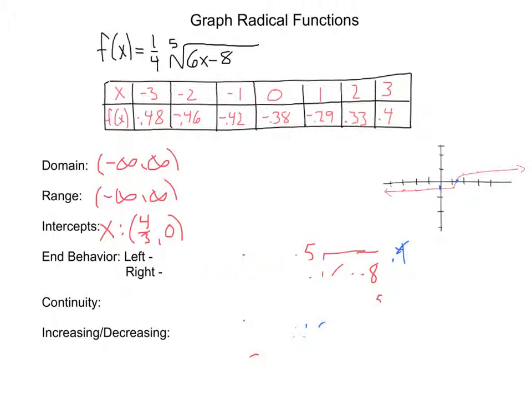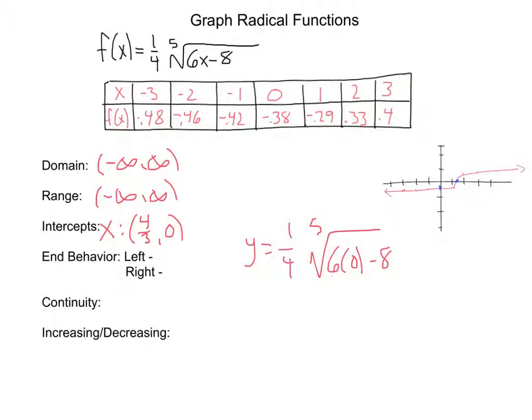Now my y-intercept, remember, is where x equals 0. So all I'm going to do is plug x equals 0 into my original function. Instead of f of x, I'll write y equals 1/4 times the fifth root of 6 times 0 minus 8.